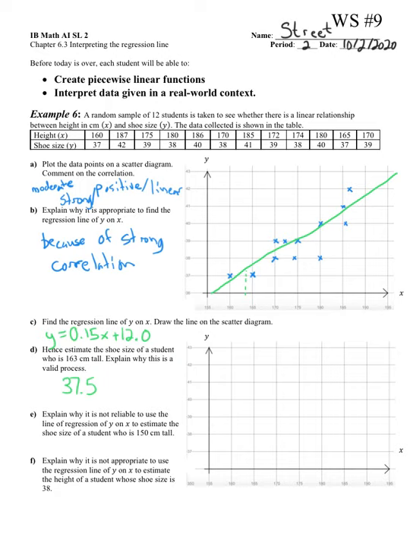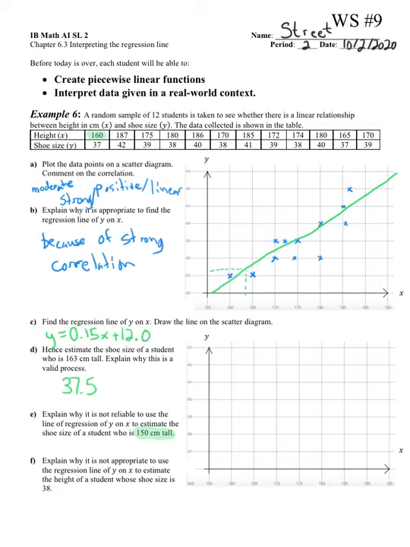So it's a valid process, we would say, because basically what the next question is hinting at is that 150 is outside of our data set. The minimum value on this entire data set is, where is it? I think it's 160.